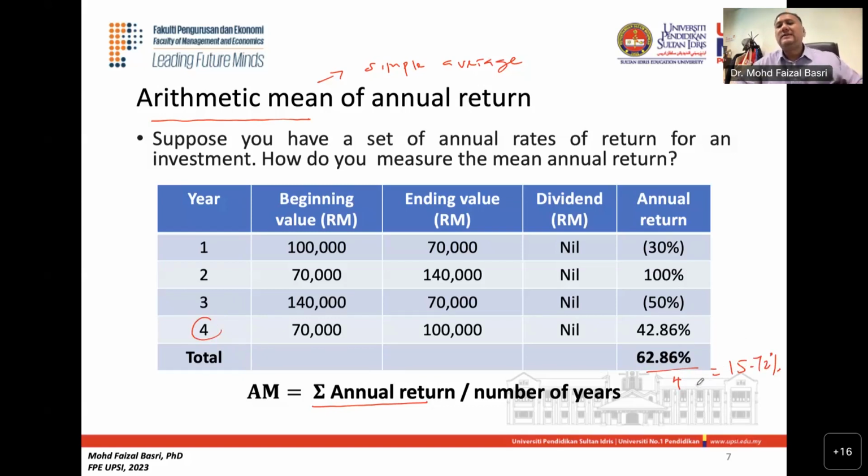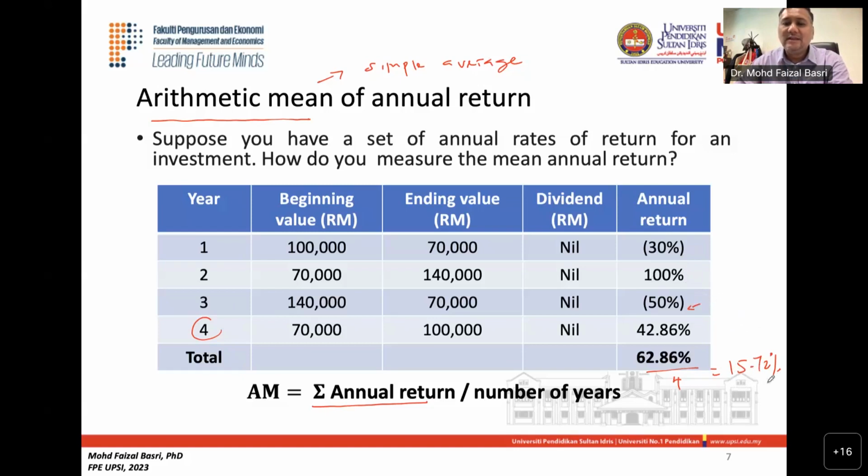However, obviously there will be some cons or some disadvantages if you use simply the arithmetic mean, because the answer might be misleading. Because if you can see the range here, we can get as high as 100% and as low as negative 50%.